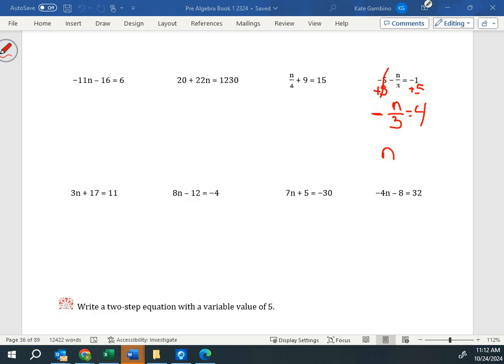So what do I have to multiply by? -3. So I'm going to multiply by -3 because that negative times a negative gives me the positive. Because I want it to be just a positive n at the end. 3 divided by 3 gives me that 1. So I'm going to multiply over here by -3. 4 times -3 is -12.